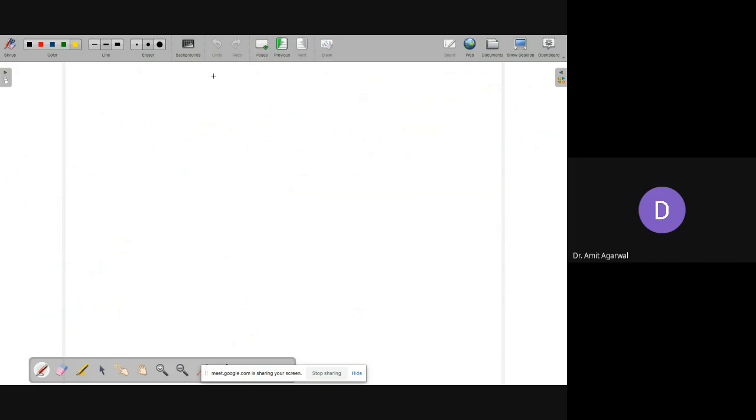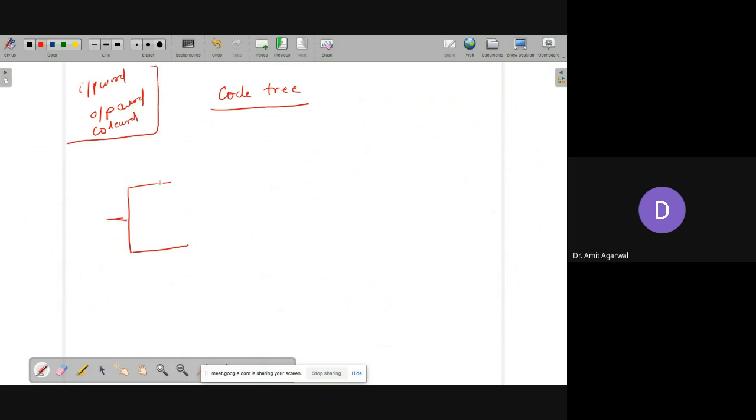Next, as I told you, I will tell you just about the code tree at the last. So what is code tree? Code tree also helps you to get the output word corresponding to your input word or message word. Output word is code word. But it's a little different, the code tree.